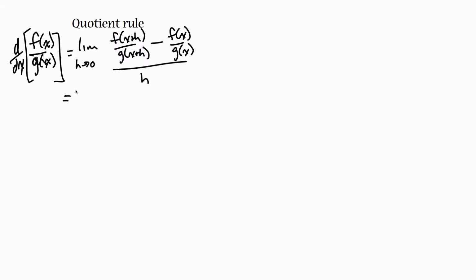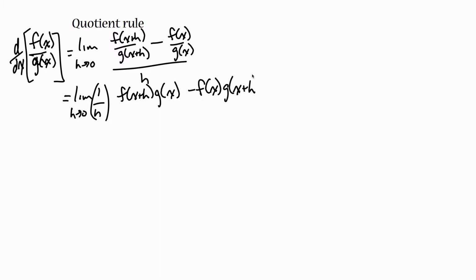Which, after a little bit of fancy rearranging, becomes the limit as h goes to 0, 1 over h times f at x plus h times g at x minus f at x times g at x plus h all over g at x plus h times g of x.